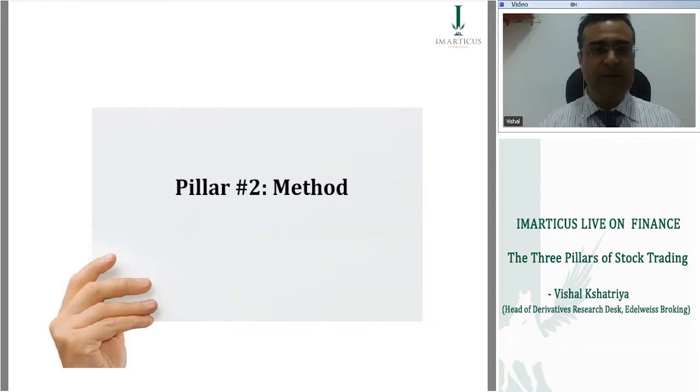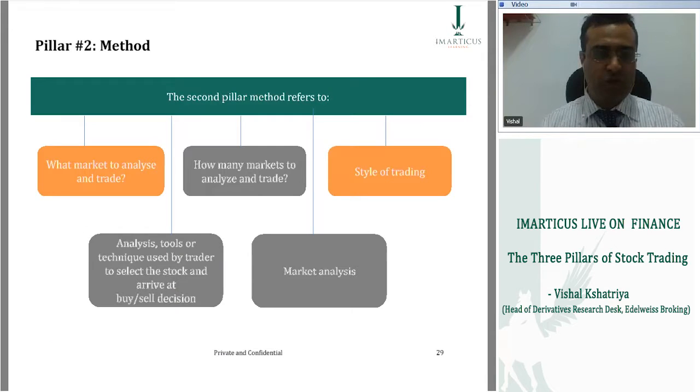The second pillar is method. Method refers to the analysis, tools and techniques used by the trader to take a buy or sell decision. A dilemma that keeps popping into an investor's or trader's mind is: which market to analyze, how many markets to analyze?